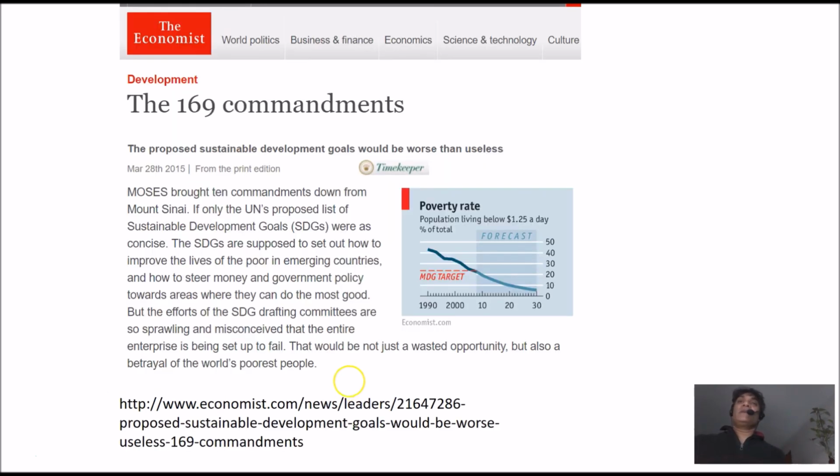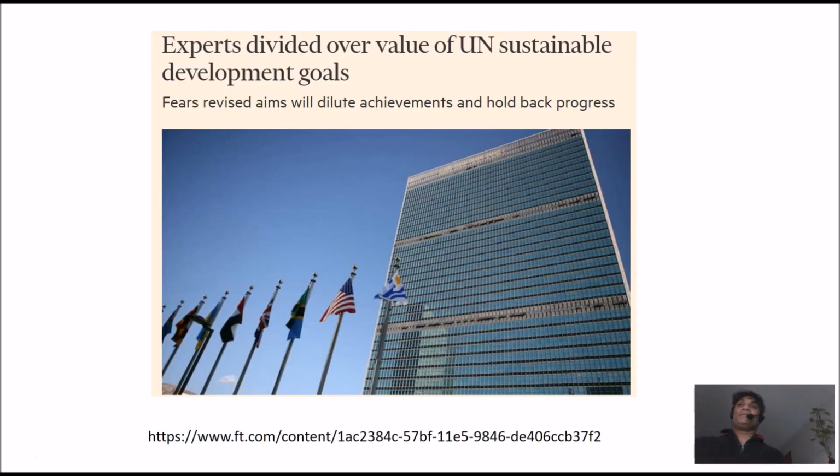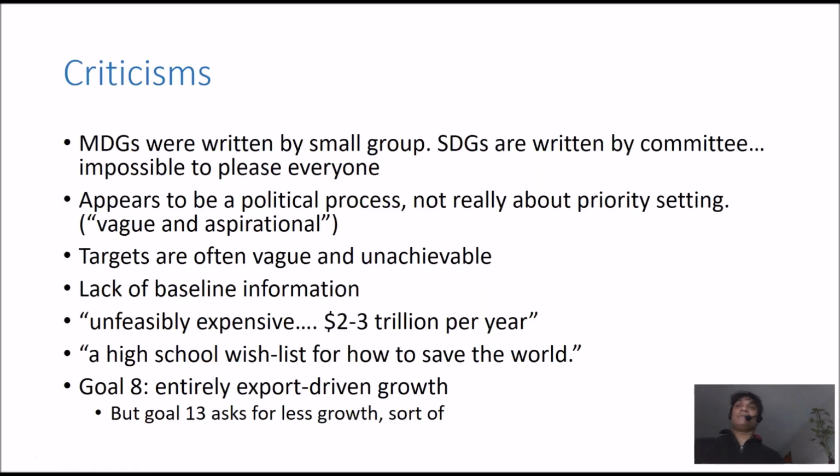This article from The Economist says that, in fact, the SDGs are worse than useless. In fact, they, in many ways, take us down the garden path towards pointless observations and non-effective strategies. And this article, same thing. It argues that maybe we're holding back progress by having dilute goals.